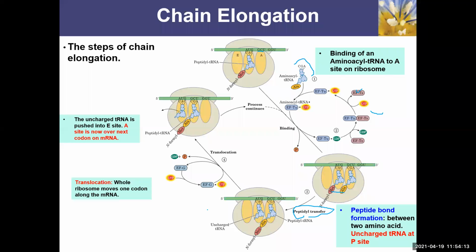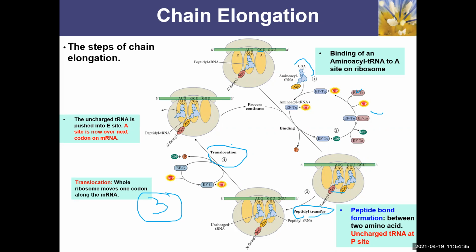Okay. And the third step in the elongation is the translocation. What is translocation? The ribosome will move in the 3' direction. And for this translocation, we have an enzyme called the translocase.